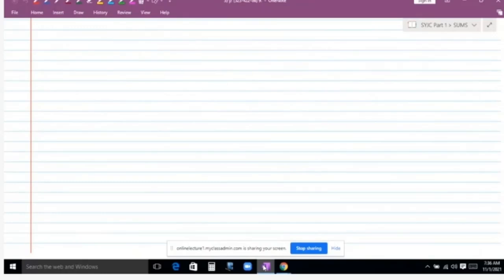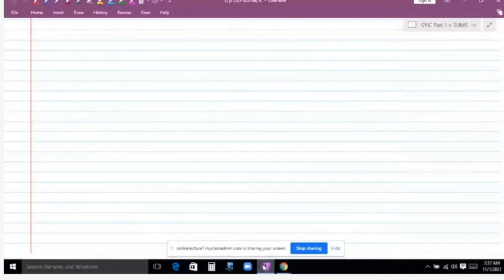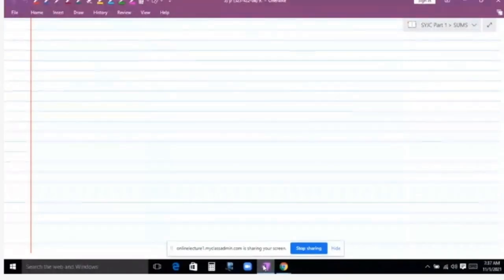That means, suppose in the given sum t is a parameter, so we differentiate x and y with respect to t. If m is a parameter, we differentiate x and y with respect to m. If u is a parameter, we differentiate with respect to u.